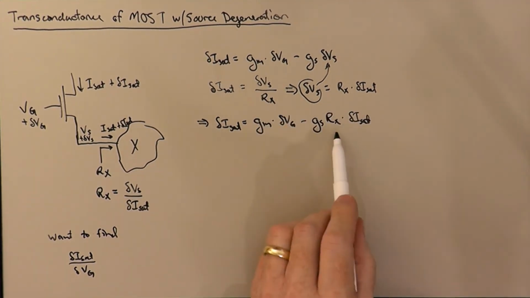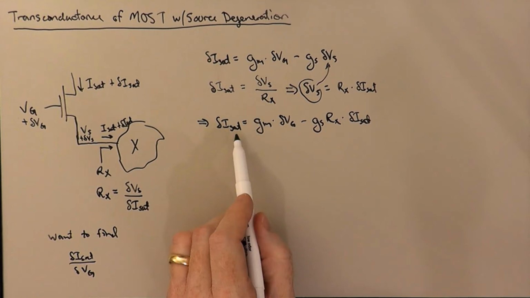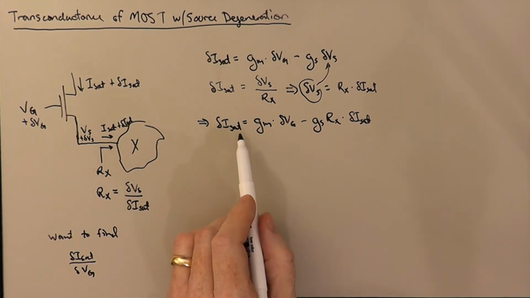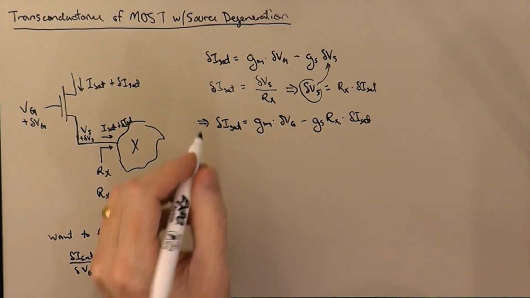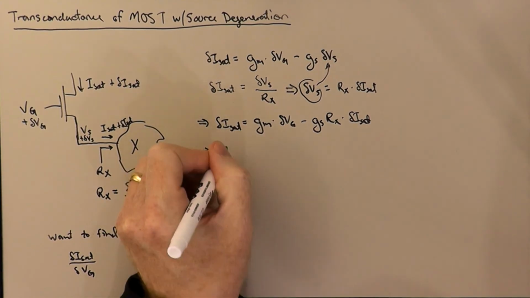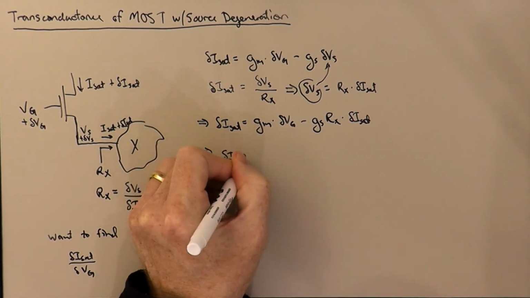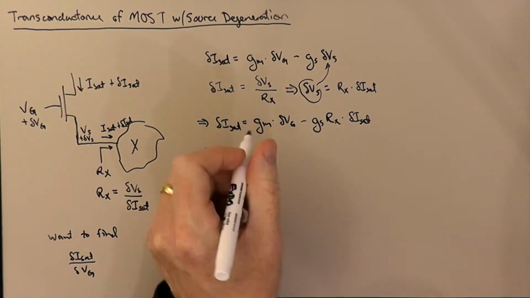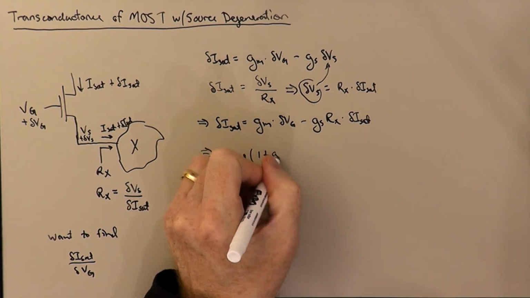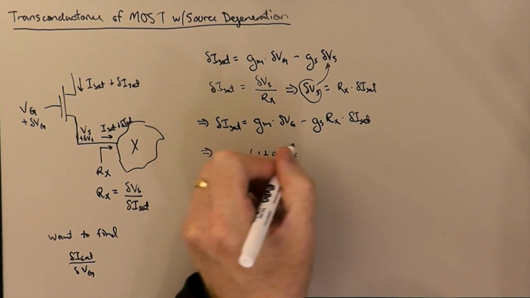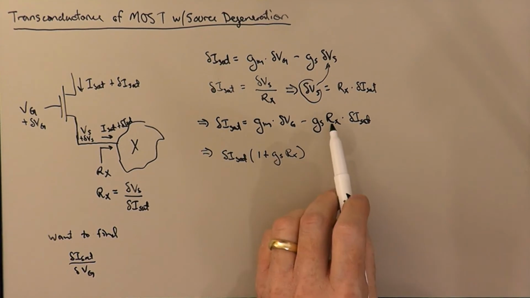We can just transpose this to the other side and collect the delta I sats on the left-hand side of the equation, factor that out, and we would get that delta I sat times 1 plus gs times Rx from this term that we transpose.